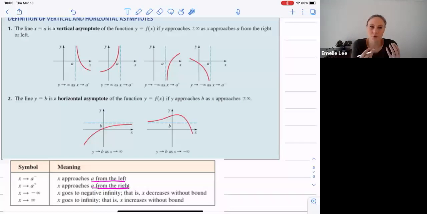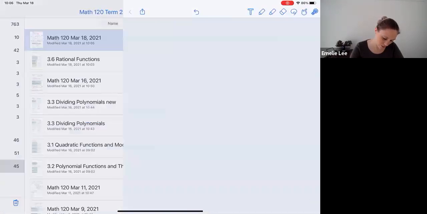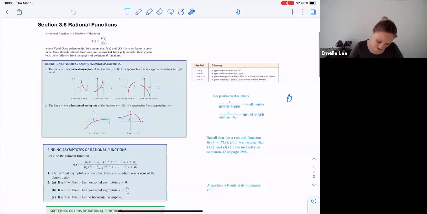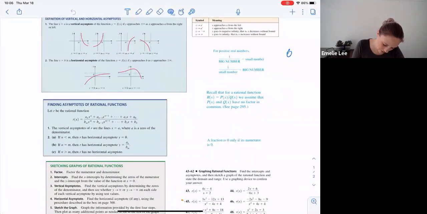There are scenarios where we don't have any horizontal asymptotes, and that's totally fine. But again, we're going to talk about how do we decide if we have horizontal asymptotes and what are they? Okay, so we need to have a good handle on these asymptotes. All right, so how do we decide if we have horizontal asymptotes or not? Well, and vertical asymptotes.